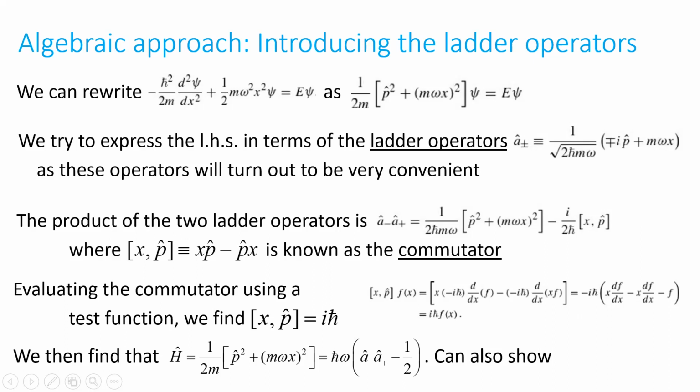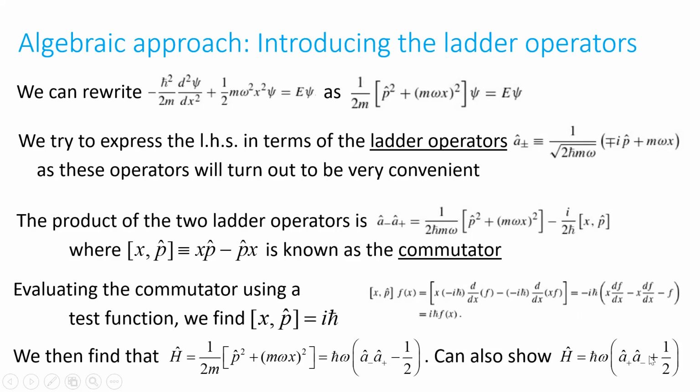in a little bit. We can also show, you might have been wondering why we took a minus a plus instead of a plus a minus here. Why did we combine it as a minus a plus? So if we combine it as a plus a minus and go through the same steps here, we actually get that H can be written as h bar omega times a plus a minus plus 1/2.